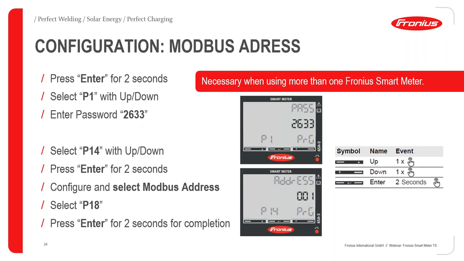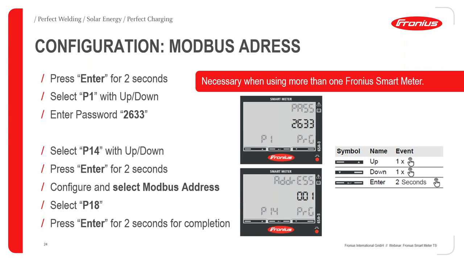We enter it. And then we select P14 with the up and down buttons. Then we go again to the enter button and hold it for 2 seconds. And then we go to this picture like here below. And it's actually saying address and the current set address. Here it's 1. As I mentioned, it's factory standard. And now we say, okay, it's a secondary smart meter.